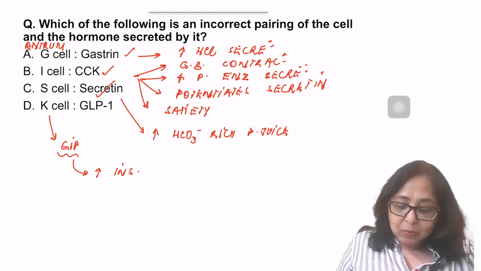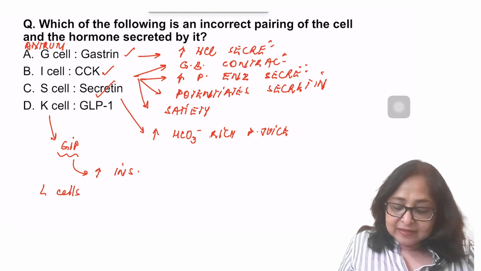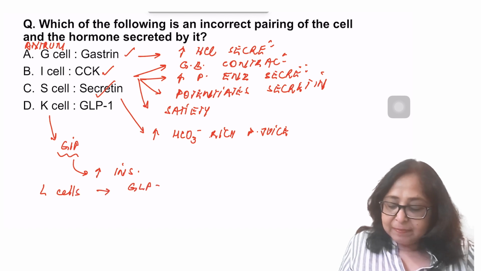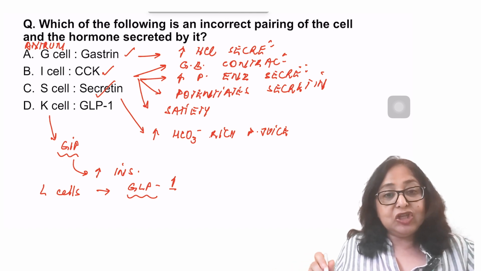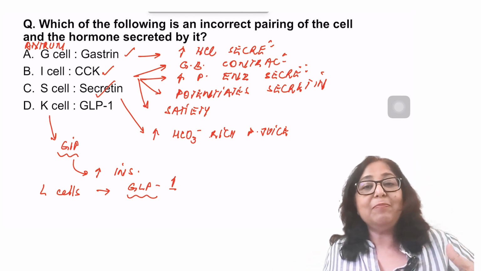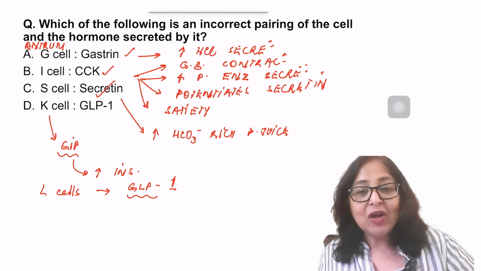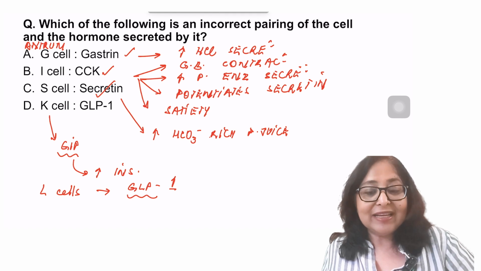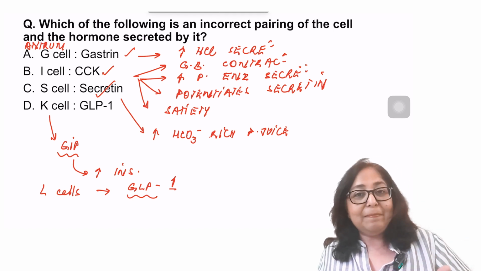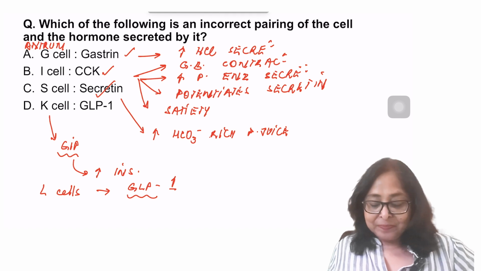What about GLP-1? The L cells secrete glucagon-like peptide 1. And the GLP-1 is another very important incretin. What is incretin? GI hormones which increase insulin secretion. GIP and GLP-1 are incretins.